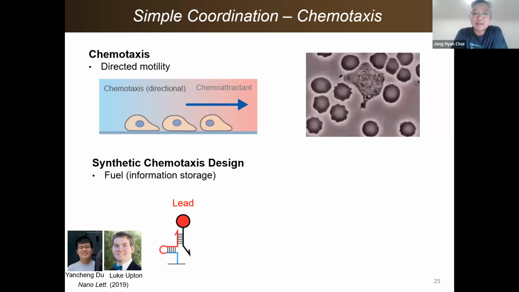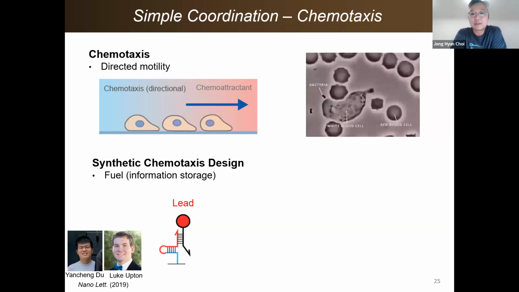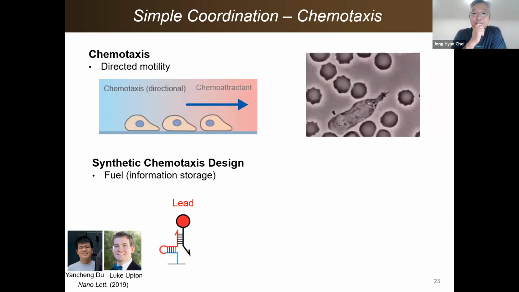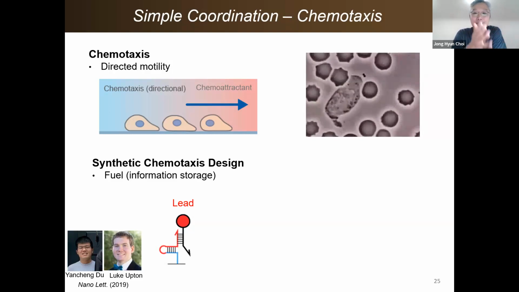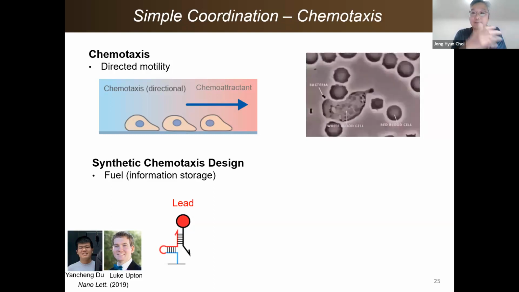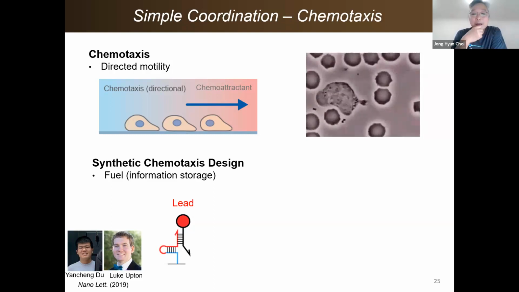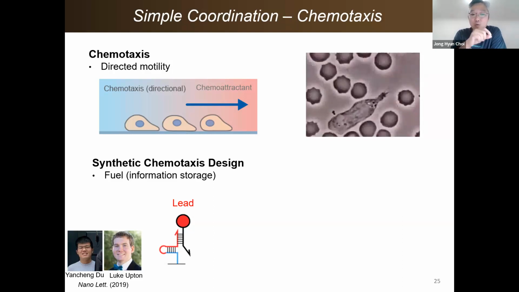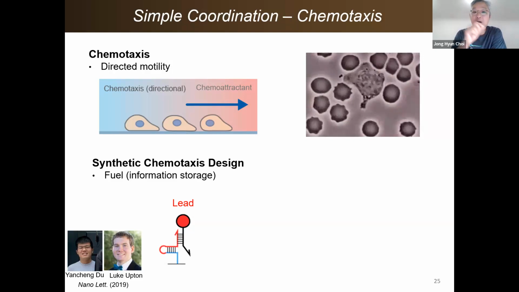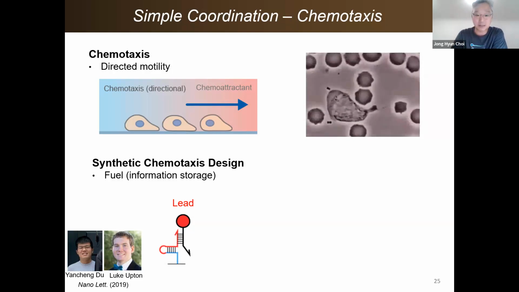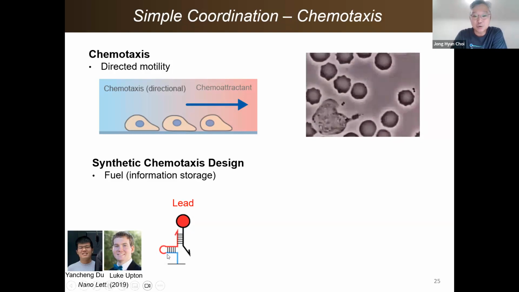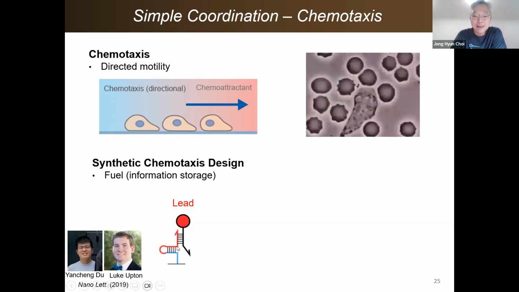But the important thing is that, unlike typical chemotaxis, where you use concentrations of chemoattractant or chemorepellent for information transfer, here we use fuels attached on the surface to store the information about the trajectory of the lead vesicles, right? Our fuel design is shown here schematically.